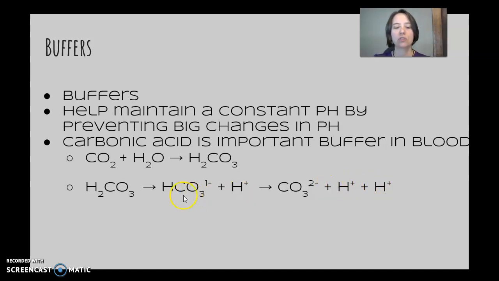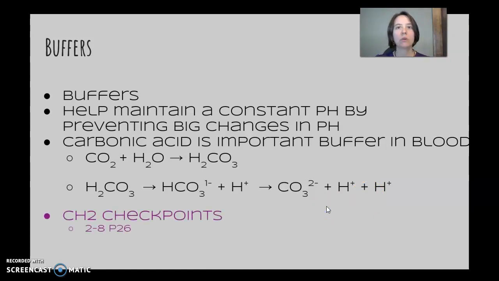So if things are too acidic, it could always go back this way, and the buffer can pick up hydrogens to go this way. Or if things are too basic, it could always donate hydrogens and make it more acidic, more towards neutral. So this works out really well at maintaining a constant pH by either gobbling up or donating hydrogen ions.